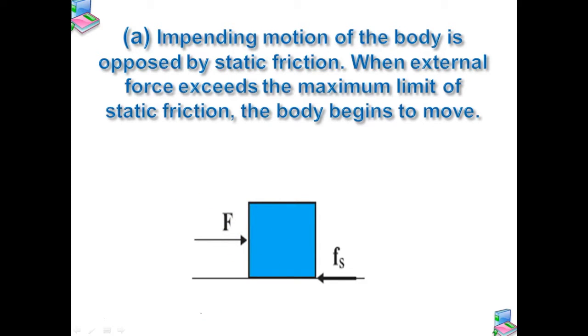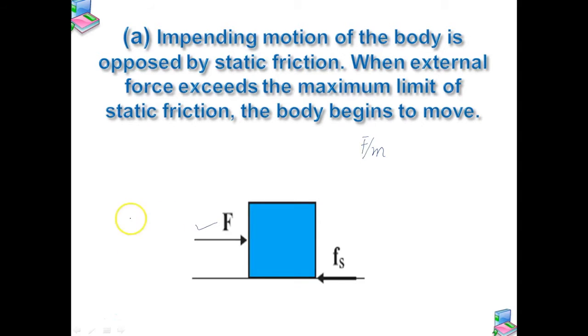Now suppose a force F is applied horizontally to the body. You just see here, a force F is applied horizontally to this body. So we know that a small applied force may not be enough to move the body. But if the applied force F were the only external force on the body, it must move with an acceleration of F by m.